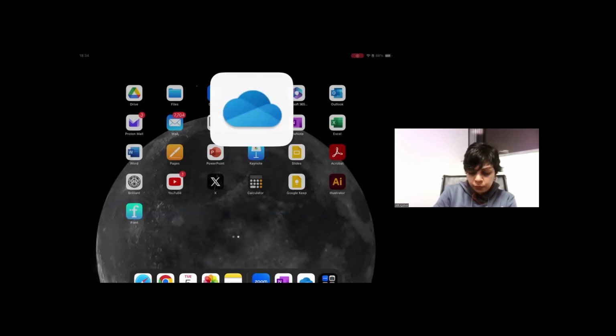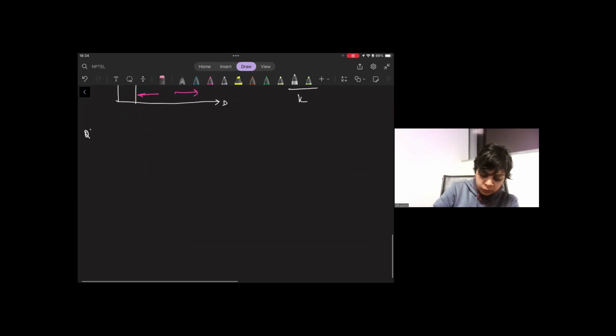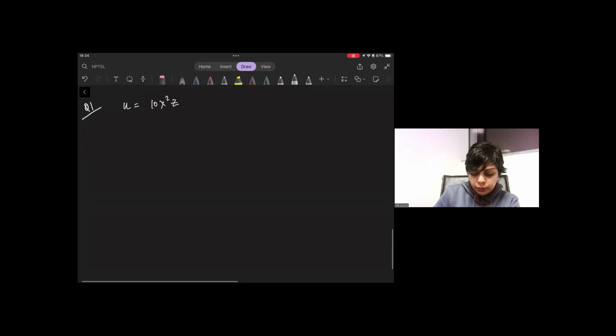Okay, let's get started with this. This is question 1. Let me write out the basic question. There are two goods, x and z. The utility function is given by 10x squared z.